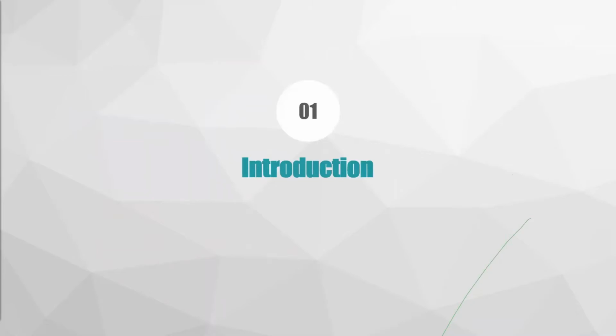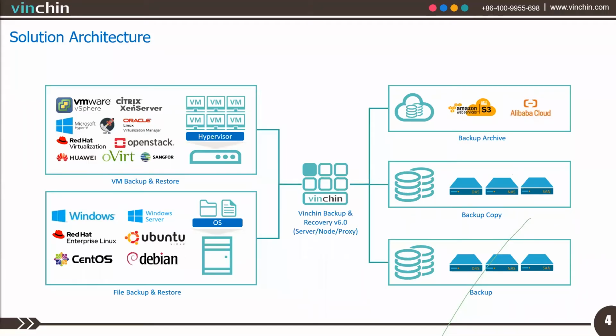First, let's take a quick look at the Vinchin Backup and Recovery solution. Here's a sketch of the solution. As you can see, compared to our previous architecture, some new elements have been added. For virtual machine backup and recovery, we have added some new virtual platform support.